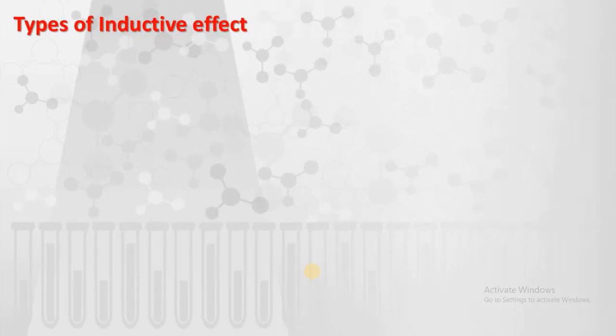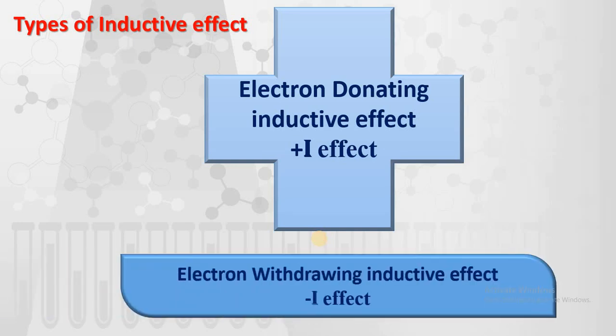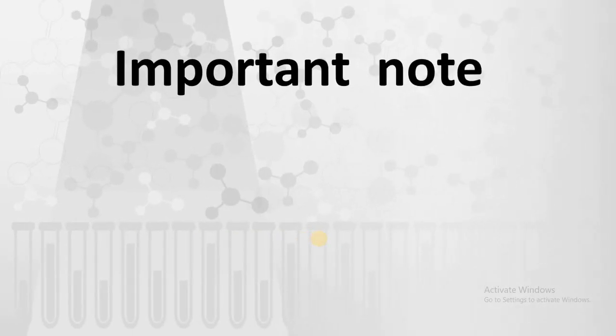Then there are different types of inductive effect. One is the electron donating inductive effect, that is the plus I effect, and the other is the electron withdrawing inductive effect, that is the minus I effect. Let us see them one by one in detail.